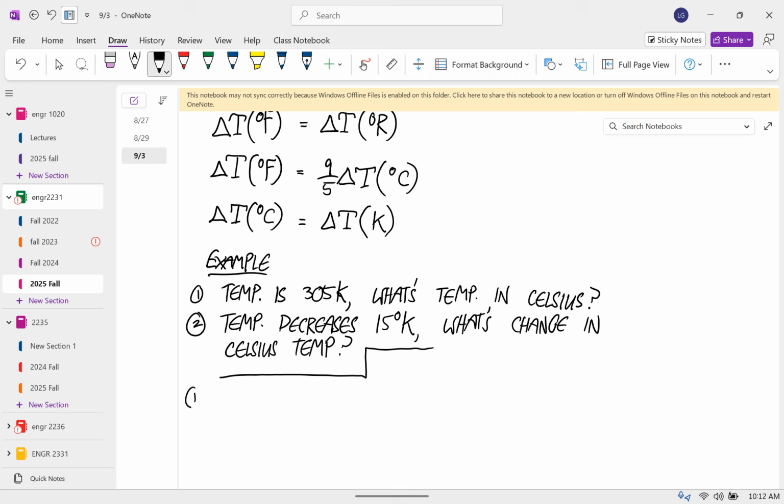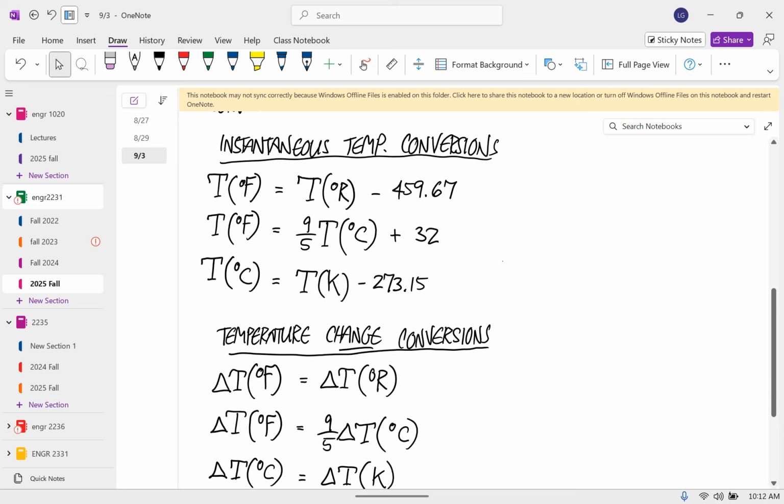So for the first one, is that an instantaneous temperature or change? Yep. So we're going to use the formulas here.